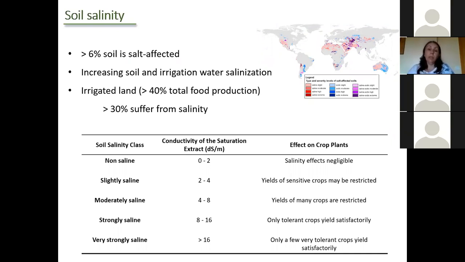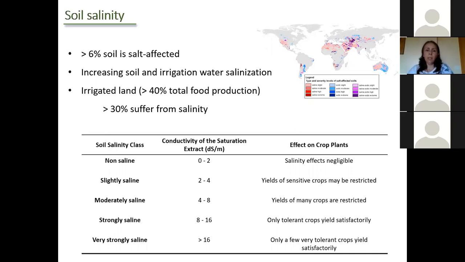And we know that in the last decades, increased soil and irrigation water salinization was observed. And we can say that more or less 40% of the total food production is derived from irrigated land. And here we have problems: more than 30% of this area is suffering the effects of salinity. So this is a very important issue for agricultural production.